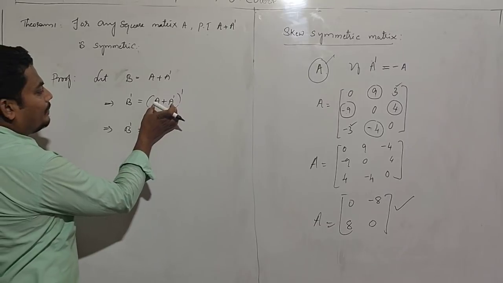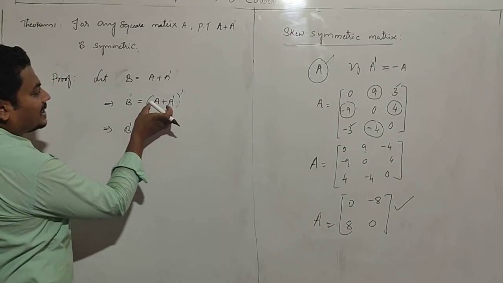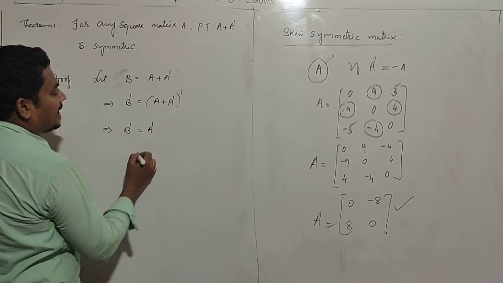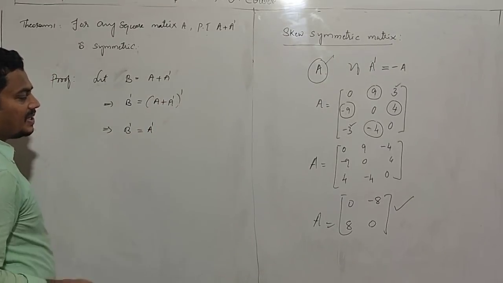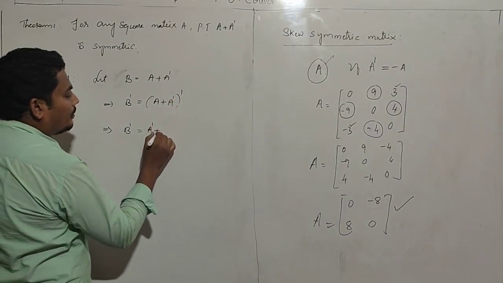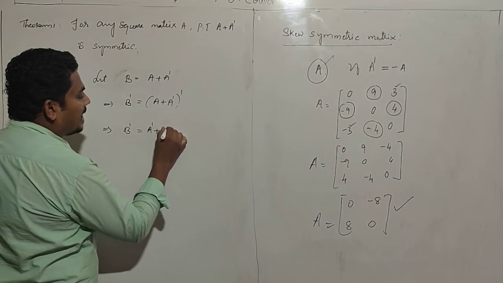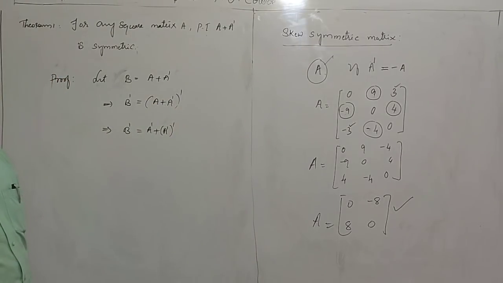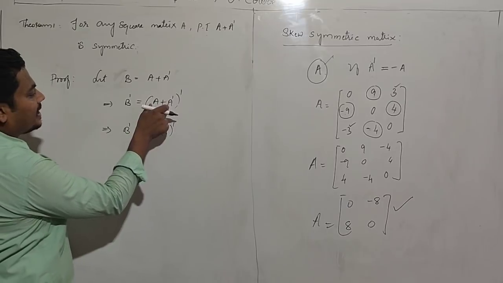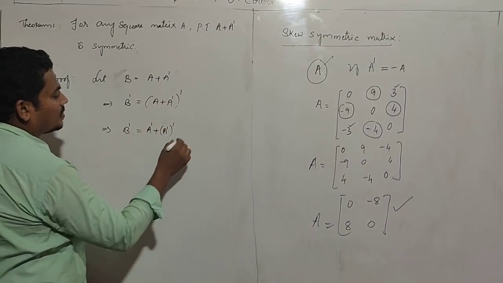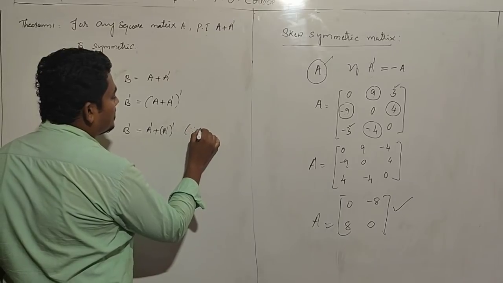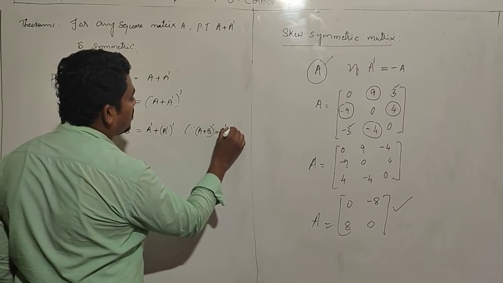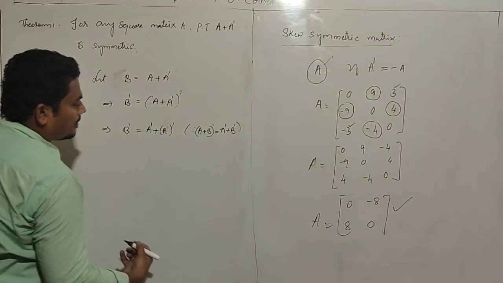So A plus A transpose whole transpose, treating A transpose as B, is A transpose plus A transpose of transpose, just like A plus B whole transpose.